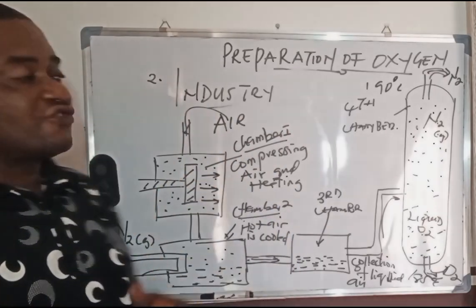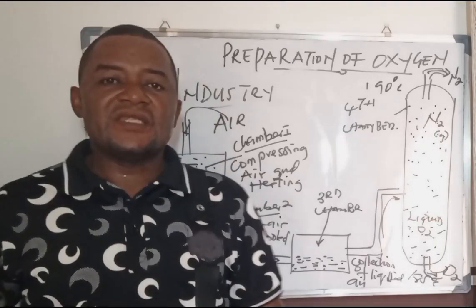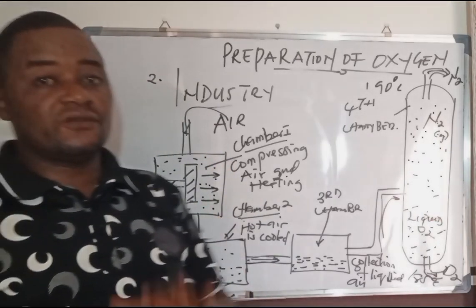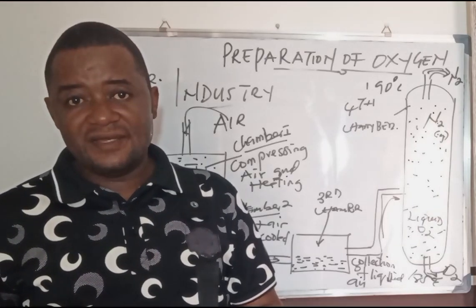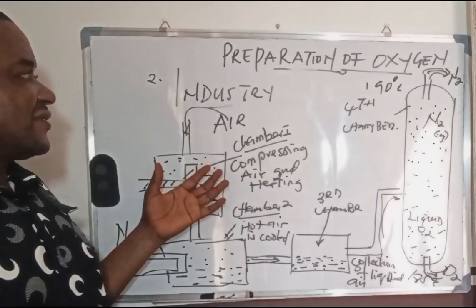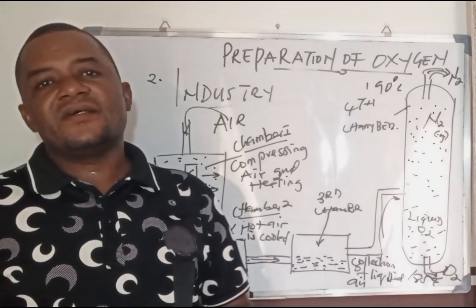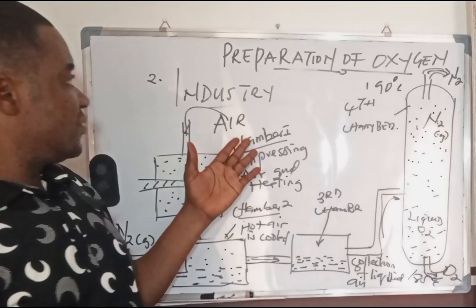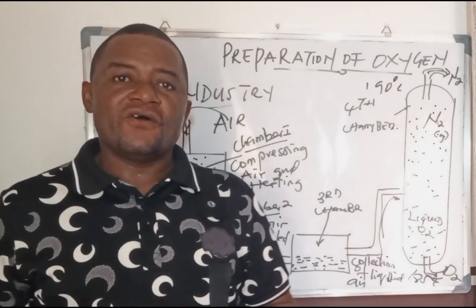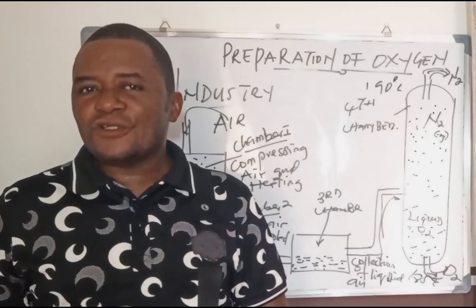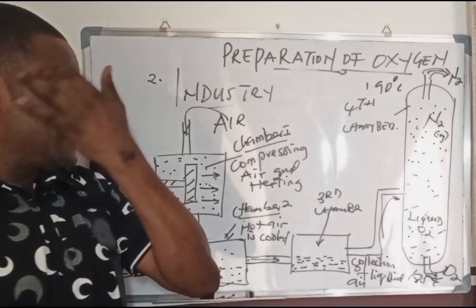And then in the industry we have also discussed that we can prepare by using liquefaction of air, or by simply electrolysis of water. But most importantly, the preparation through fractional distillation of liquid air is the most available, most important aspect of preparing oxygen.